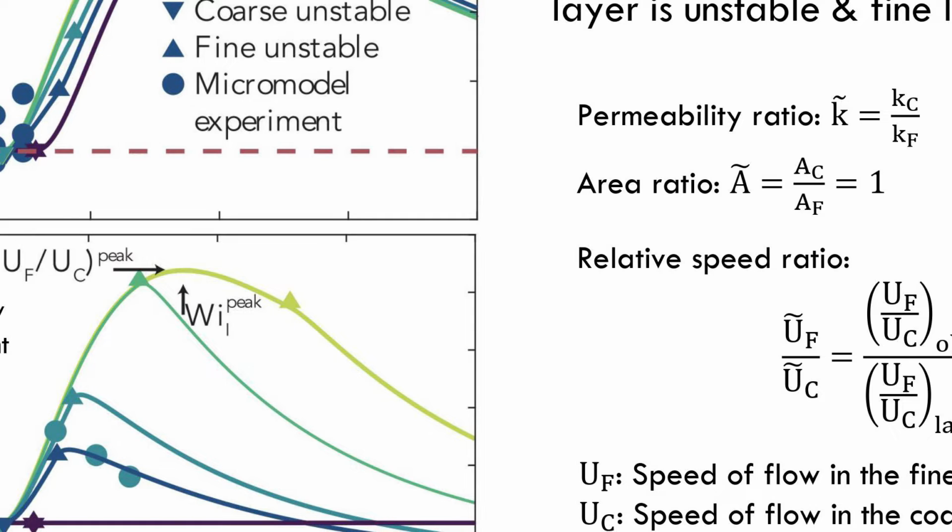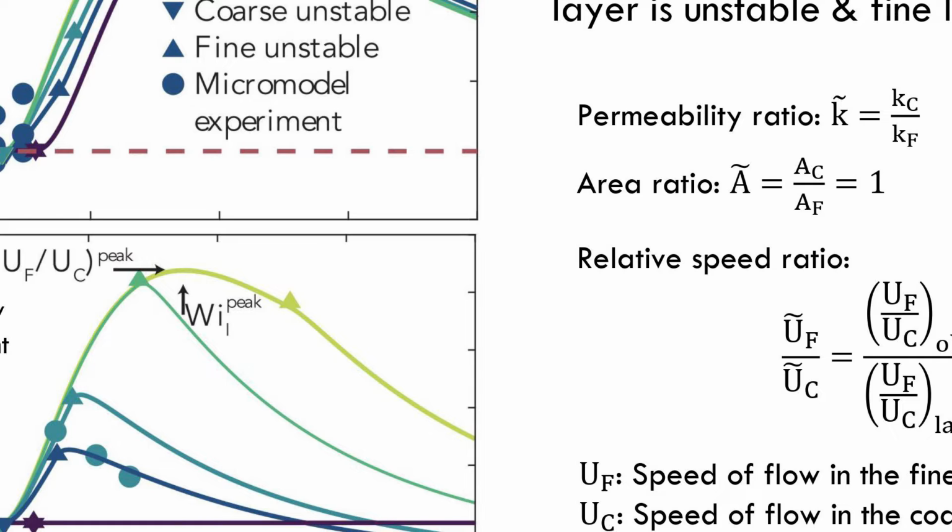So once we do that and we run some calculations, I get the graph that I have here, where I've plotted a modeled reduced apparent viscosity as we change the Weissenberg number at different permeability ratios. Remember that the permeability ratio, in practice, the way we would modify the medium is by changing the bead diameters. For each permeability ratio, I've marked on this graph when the coarse layer becomes unstable and when the fine layer becomes unstable.